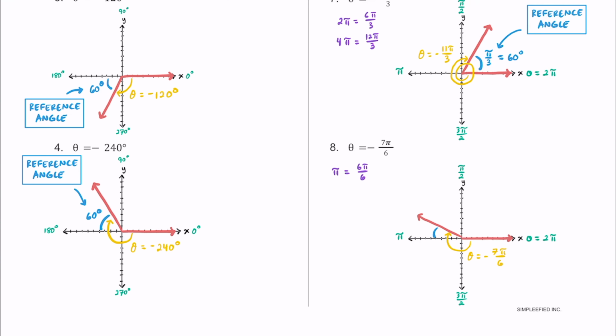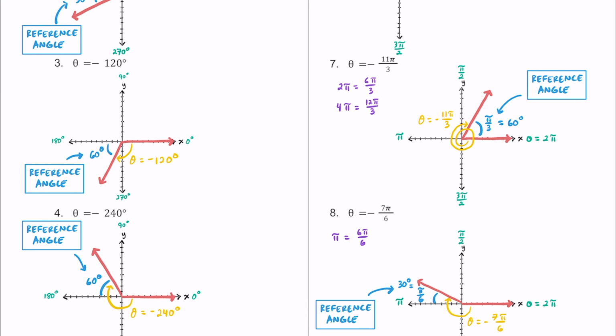This angle right here is just going to be pi over 6, since we went pi over 6 past it. And if you wanted to put an angle measure, that would be 30 degrees past it, and pi over 6 and 30 degrees are equivalent to each other. And so the reference angle for negative 7 pi over 6 is going to be 30 degrees, or in radians, pi over 6.